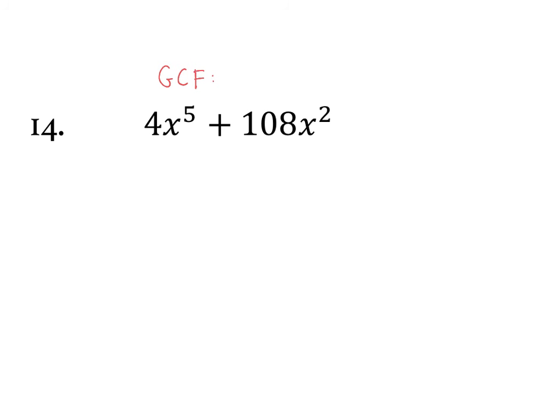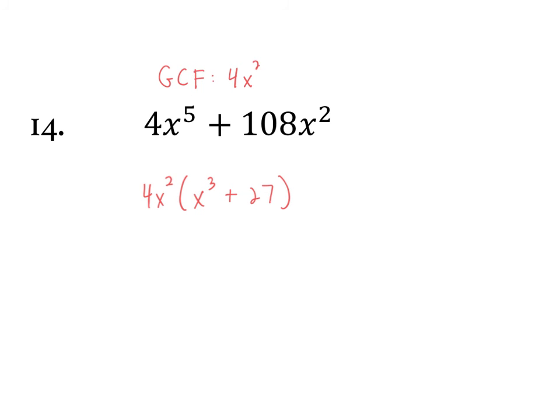Okay, the GCF in this case, they're both divisible by 4. And then this x squared, the smallest exponent of the variable, will be part of the GCF. Just factor it out, and then we get that.